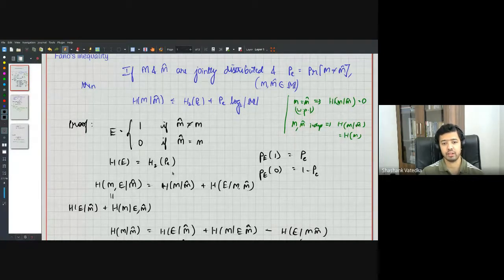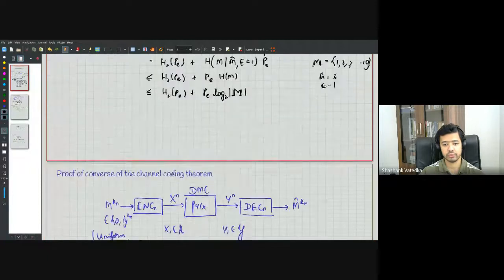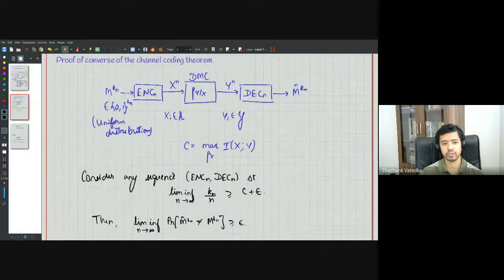Okay. So we are going to use Fano's inequality to prove the converse of the channel coding theorem. Once again, just to recall, the channel coding problem is the following: you have a sequence of k IID uniform random bits, the message sequence.